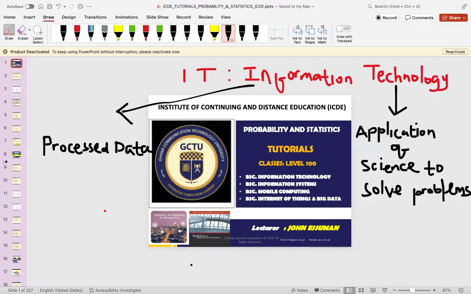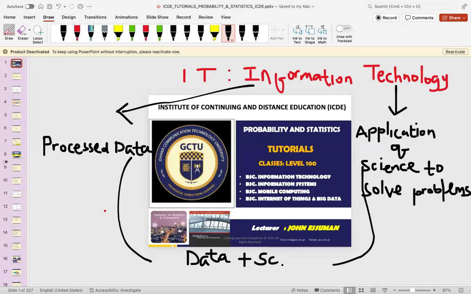In other words, if I pull two words from the two definitions I've given you, it means basically your program is about data and science. It's about data and science.